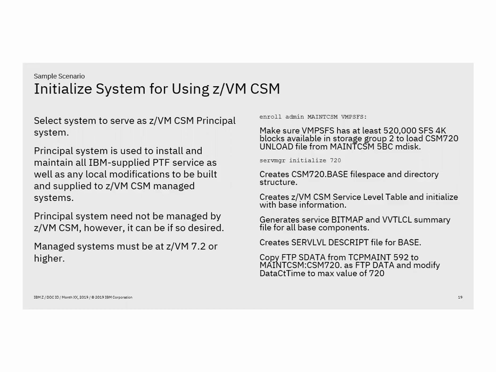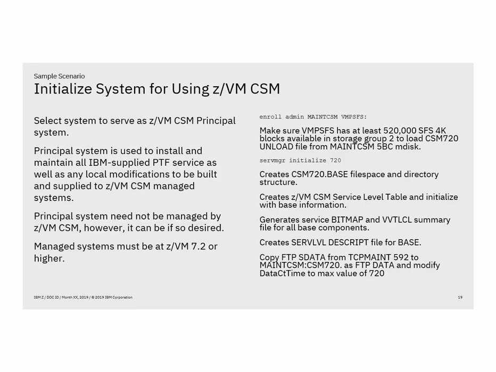So the initialize command will do a bunch of work, and the largest amount of work is to actually do a file pool reload of that unload file and populate the CSM 720.BASE file space with all the directories that represent the components and features of VM.